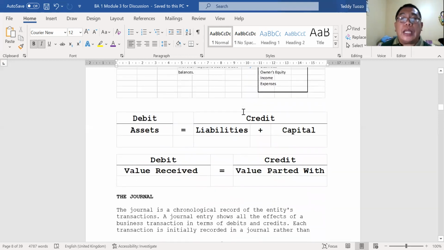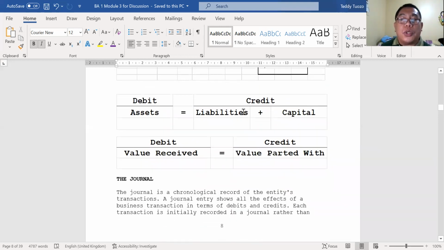Okay, so before I discuss the journal entries, let me refresh you with the accounting equation: assets are equal to liabilities plus capital. All assets have a normal balance of debit, and all liabilities and capital accounts have a normal balance of credit.